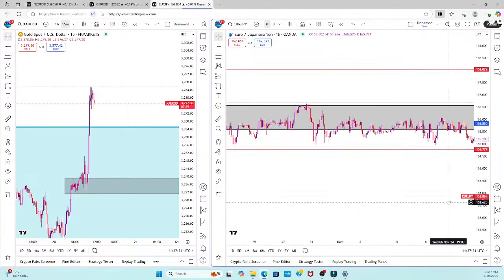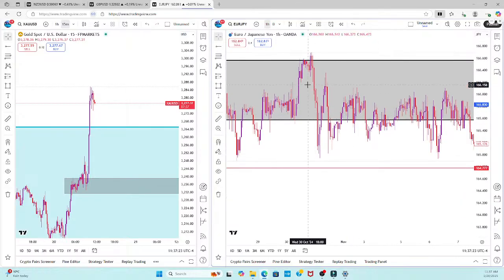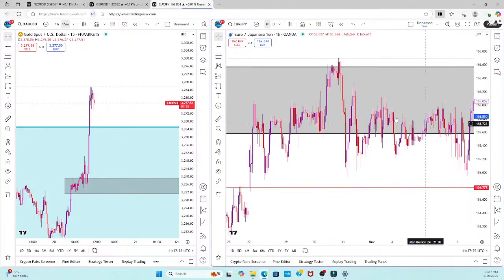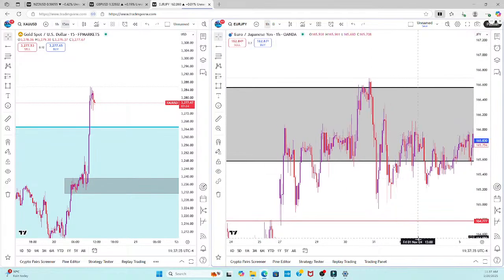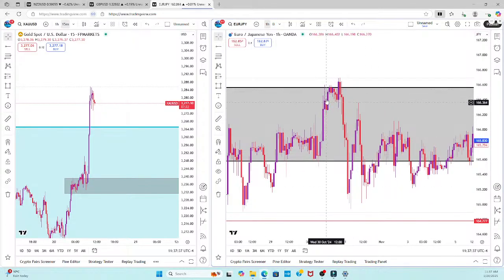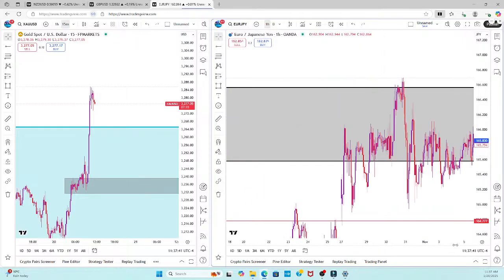I'm here at the next one, and what do we see? It actually did get rejected. Price made it all the way to the top of that internal resistance. And remember, the confirmation we're looking for is rejection. The price did get rejected right here, so it started selling off.